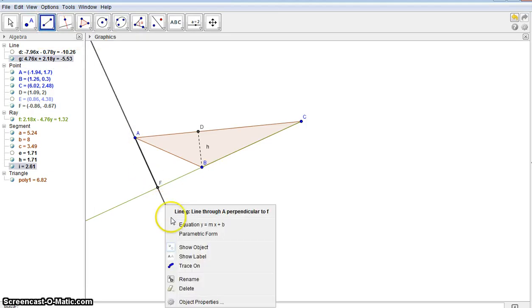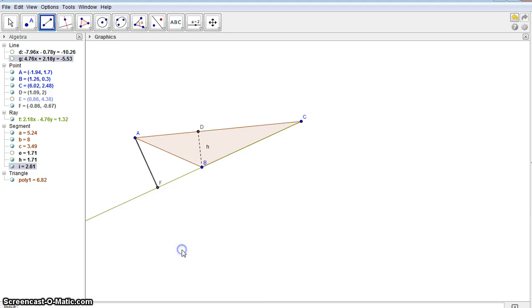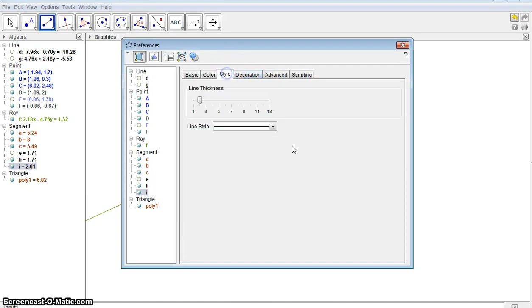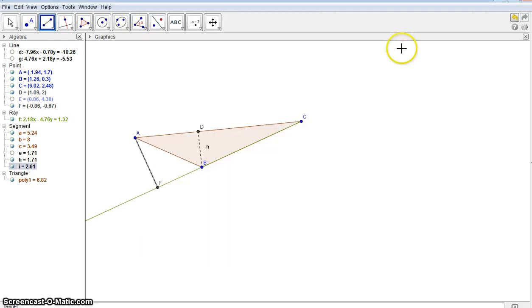turn off the long line, and dot this. So there are two of the heights of this obtuse triangle. I need a third from point C to the line containing its opposite side.